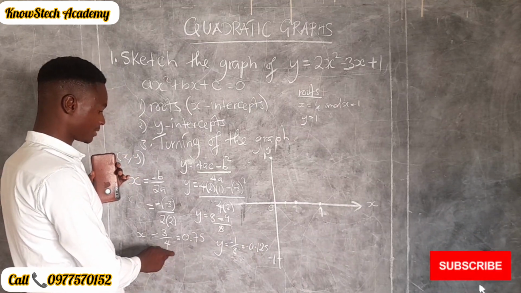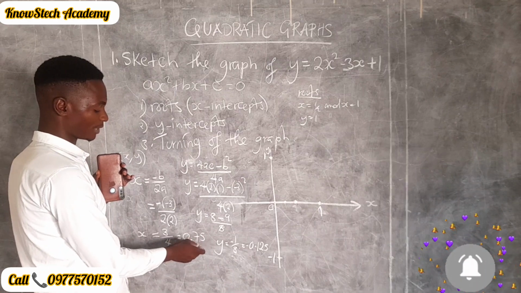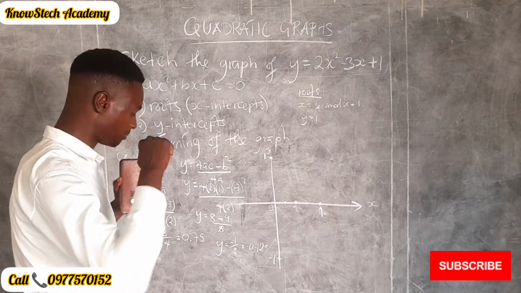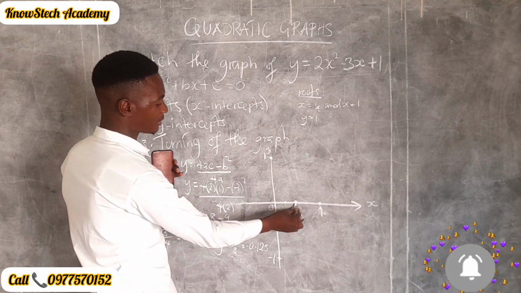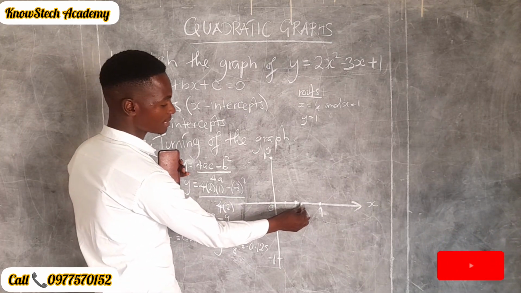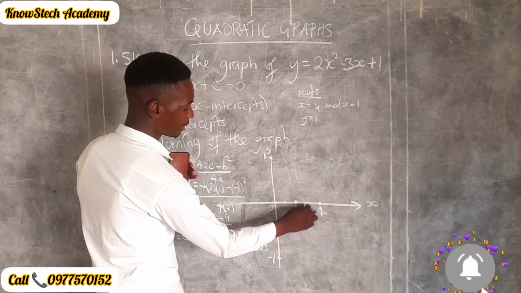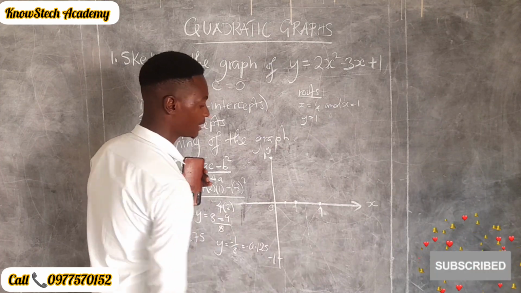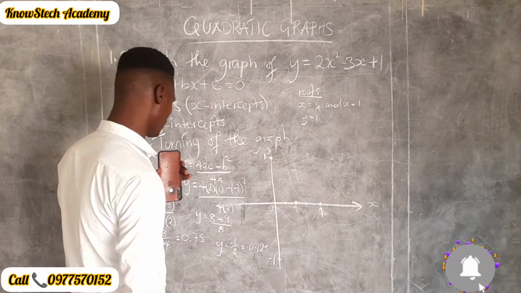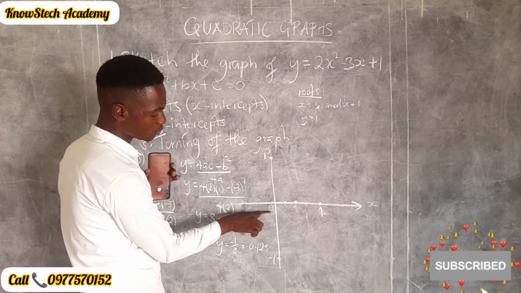Now this 0.75, which is just 0.8 when you round it off to 1 decimal place, okay? This is 0.5. 0.6 is somewhere here, 0.7 somewhere here. So this is the minimum, the axis of symmetry. Then y is 0.1, 0.2.